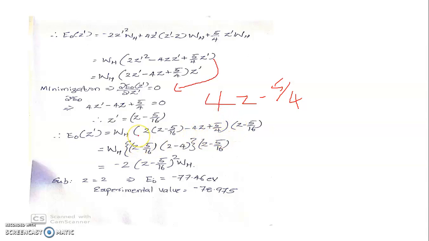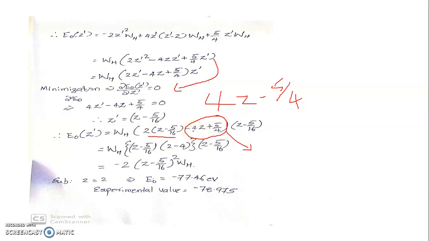Then this becomes... I have not shown that step. I have taken Z minus 5 by 16 common from this term and from this term. Yeah, I can do it here also. Z minus 5 by 16 is taken out. What remains in this term is 2. Minus in this term, Z minus 5 by 16 could be taken upon a simplification.